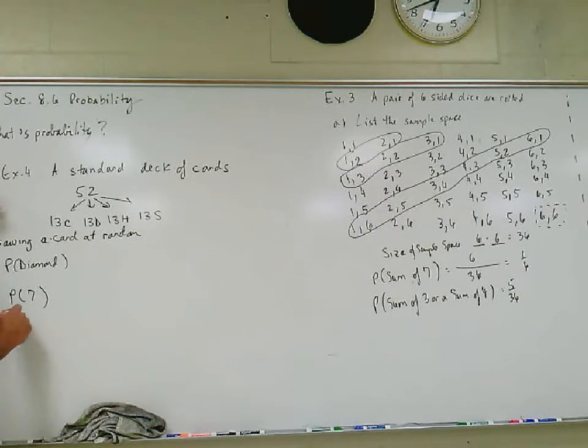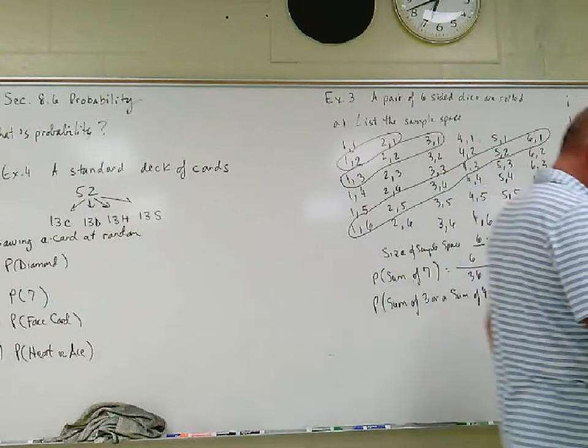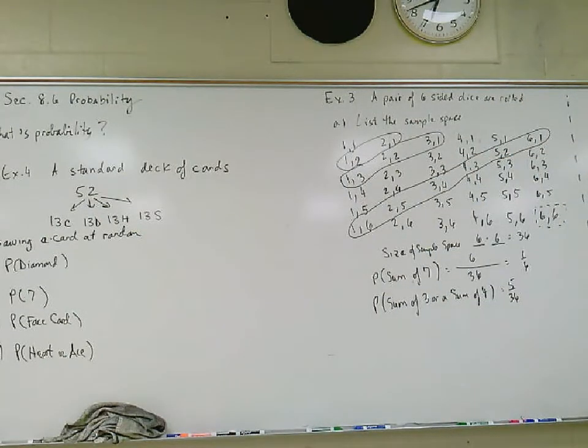Part C, what's the probability of drawing a face card? Part D, what's the probability of drawing a heart or an ace? All right, so see if you can answer each of those. And try to reduce your fractions.